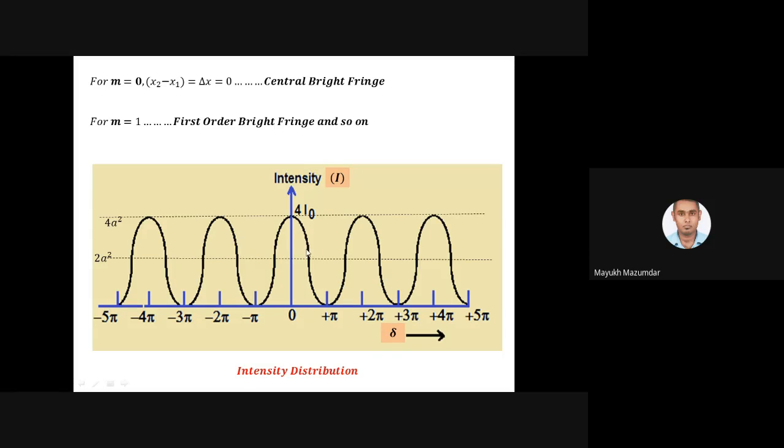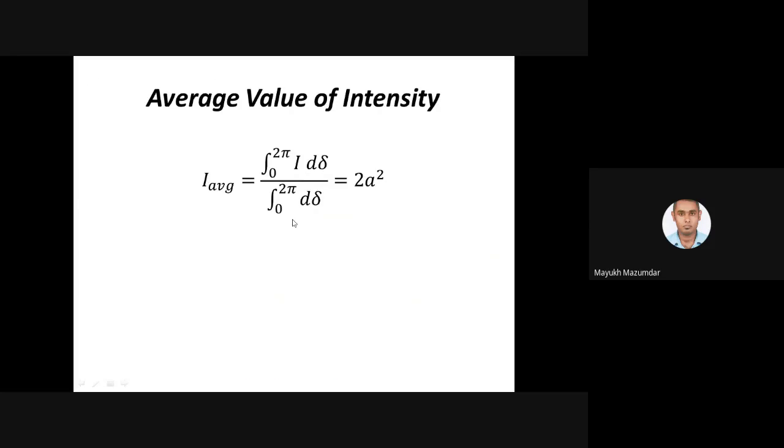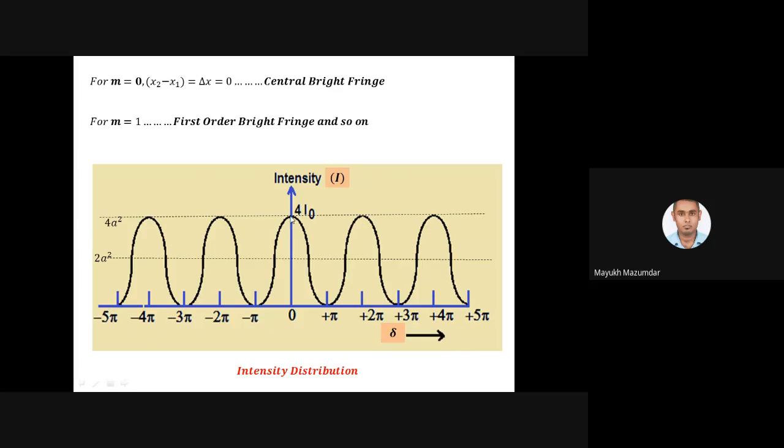Now what happens in between? There is a change like this. It's not a digital signal kind of thing where you have 1 here and again 0. It's not sharply falling. So at these points we have maxima, and at these points we have minima.